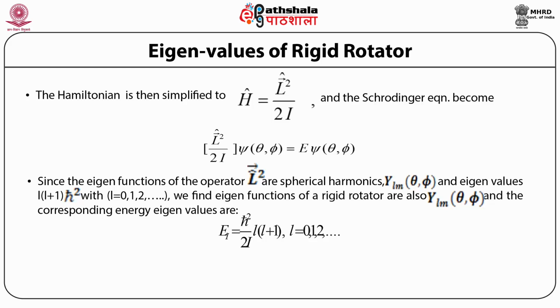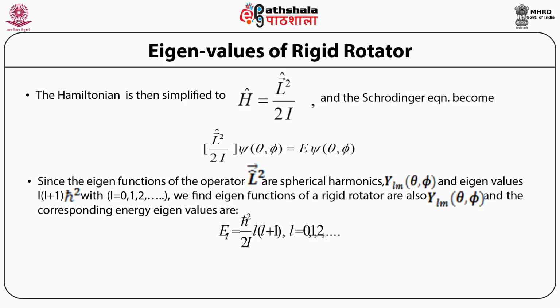Using this, we can find the eigenfunctions of a rigid rotator, and we see that these also turn out to be spherical harmonics, that is, Y_Lm theta phi, and the corresponding energy eigenvalues are given by E_L is equal to h cross square by 2I times L into L plus 1, where L takes the values 0, 1, 2 and so on.